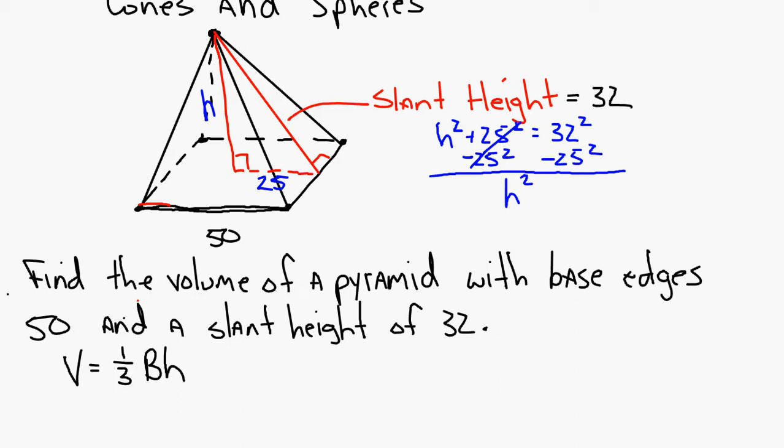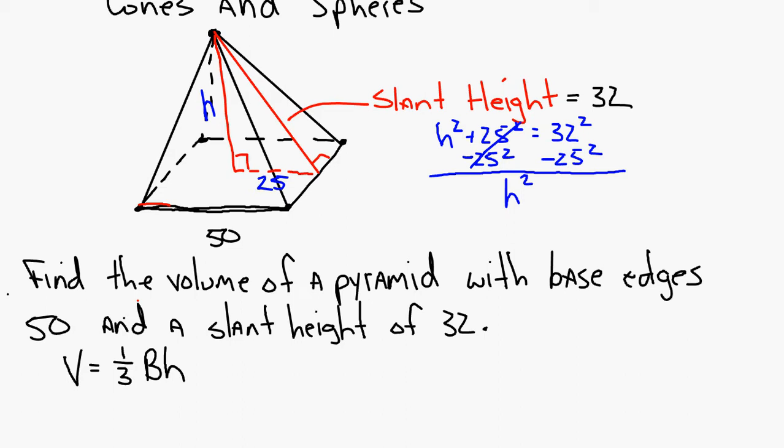Now, this can be one step in your calculator. You can type 32 x squared minus 25 x squared and push equals. And you're going to have a number sitting on your screen. And what does it say? What is it?